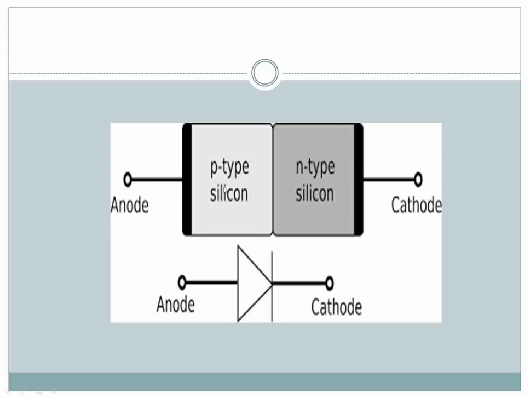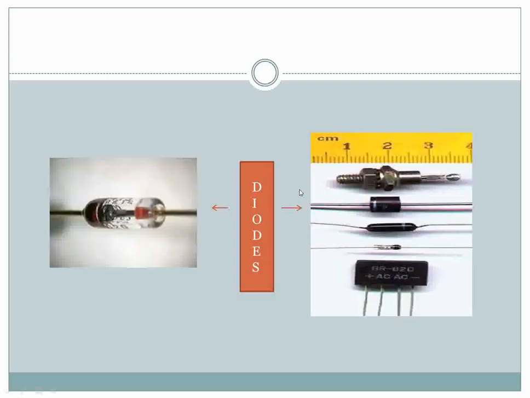P-type we make by mixing with a third group element, and n-type by doping with a fifth group element, so that we can form a diode. This is called the junction between the p and n type. So this is the real view of the diode.